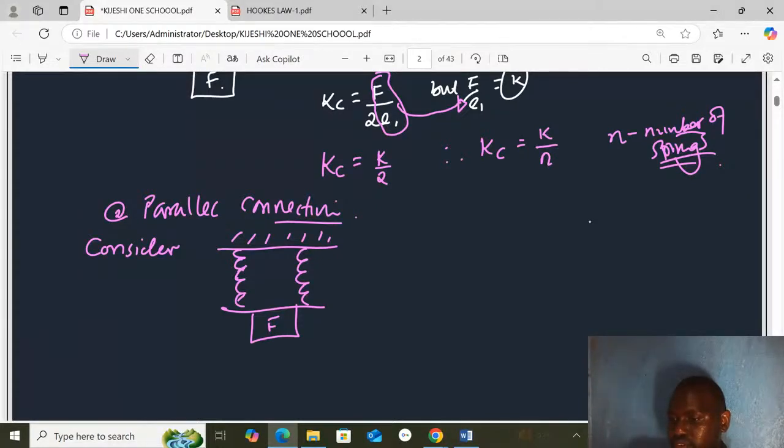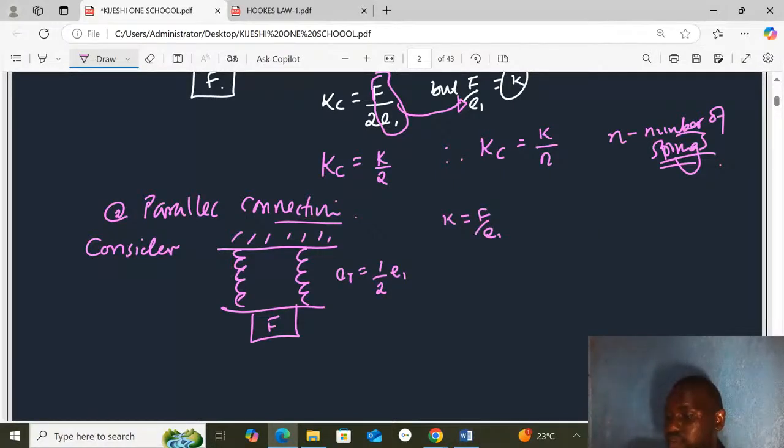Before we move on, we can say that E total for this one is given as a half E1. Let's get to the whole formula that K is given by force over E1.